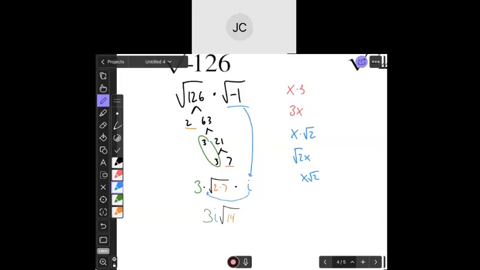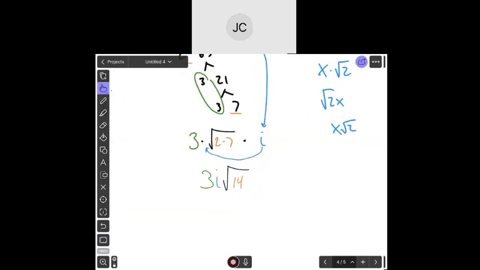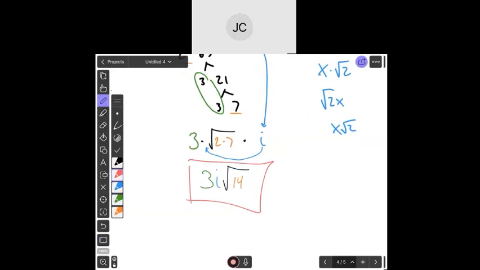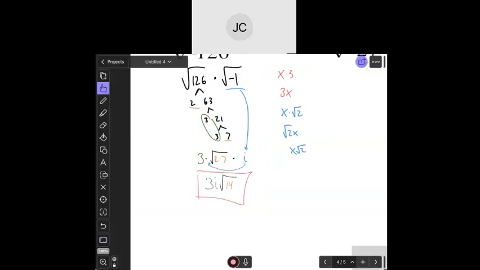And you will never see me write something like that after the radical so that it stays clear. So that's what I expect from you guys too. 3I radical 14, not 3 radical 14i.